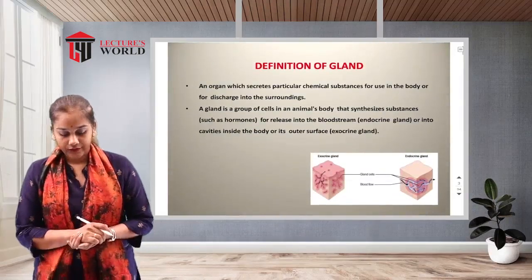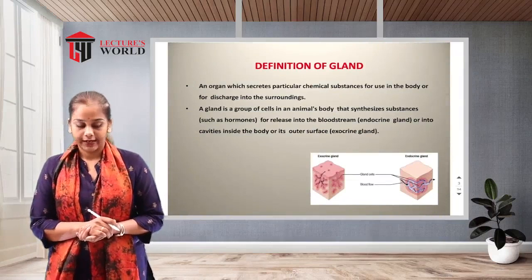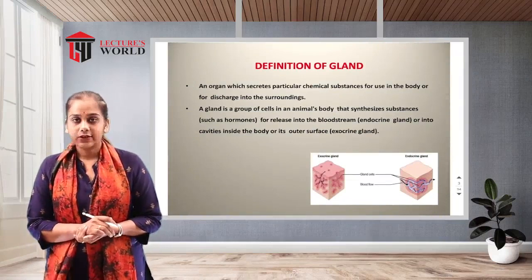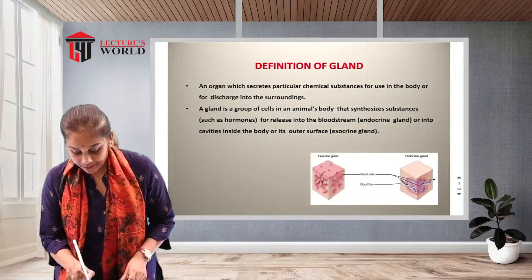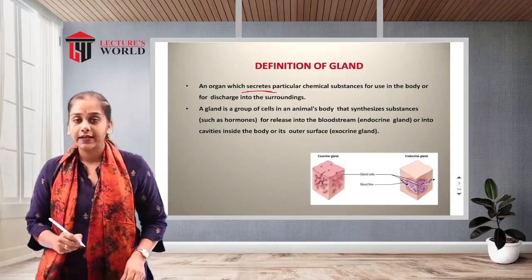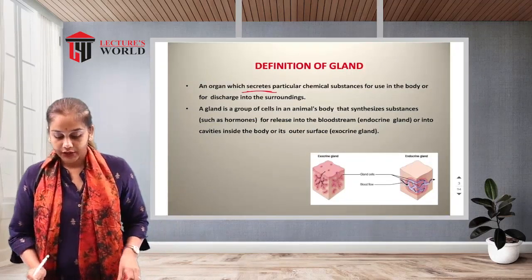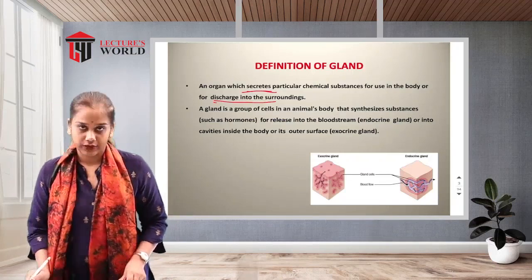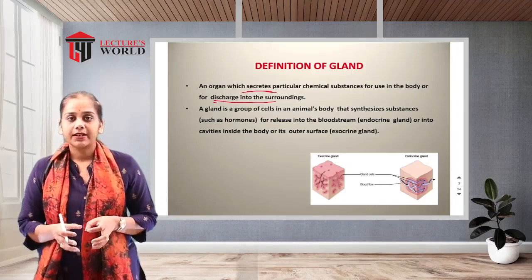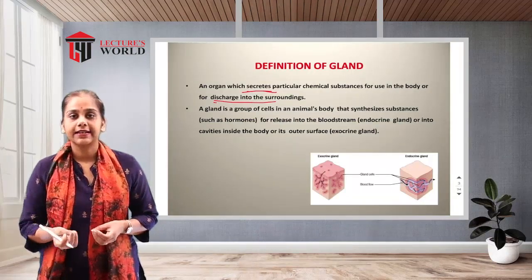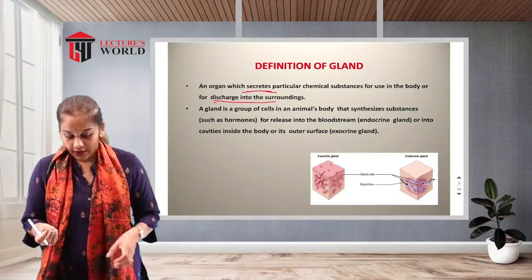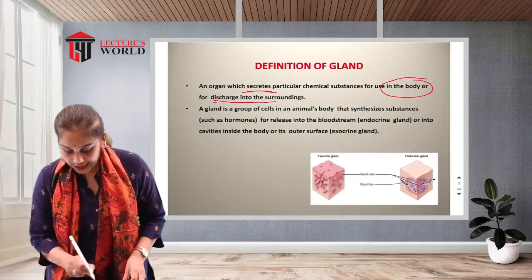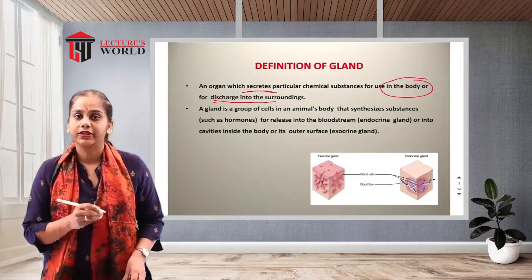Now let us see the definition of a gland. A gland is an organ which secretes particular chemical substances for use in the body or discharge into the surroundings. They secrete and release some substance into the body cavity or directly into the blood.